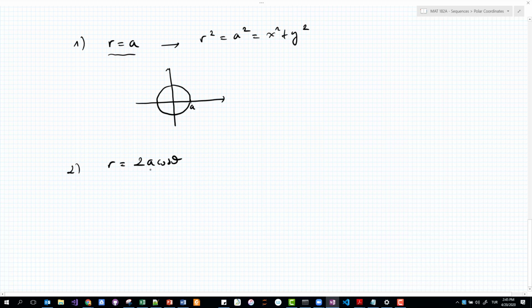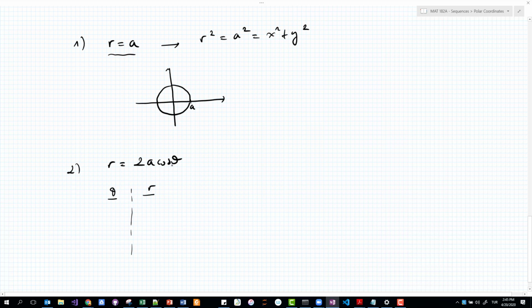When you're given an equation r equal to a cosine theta, to draw this shape you have two ways. The first way is the primitive way. You can just give a theta, find r, and create your table. Let me give you a couple of values for theta.